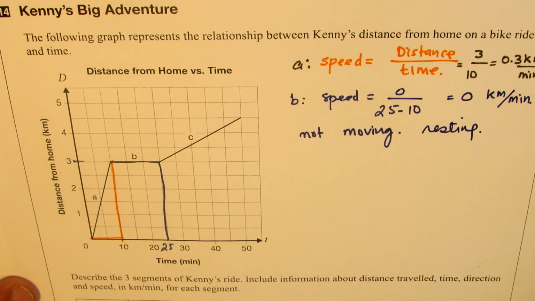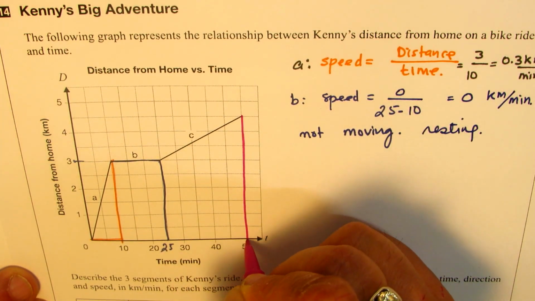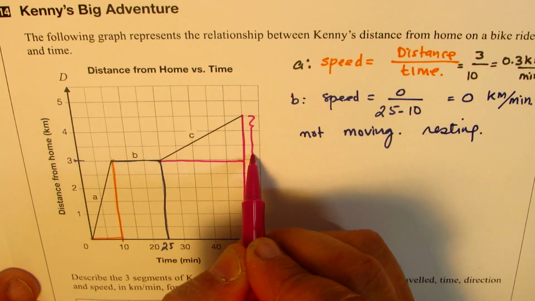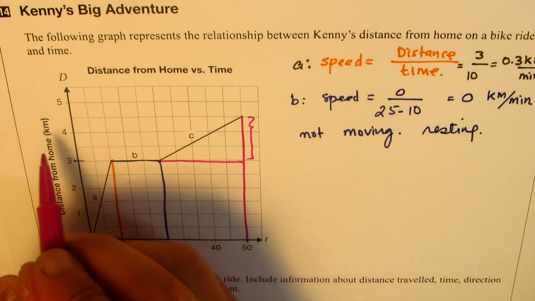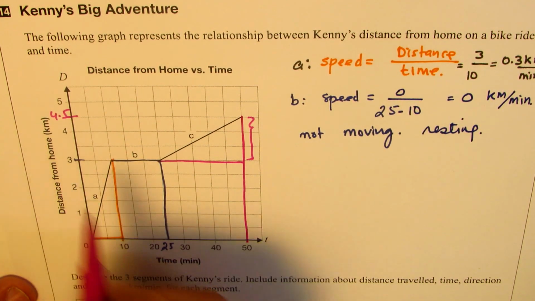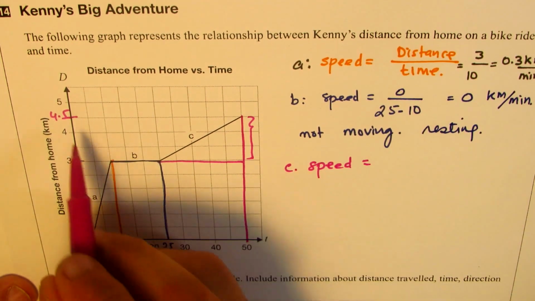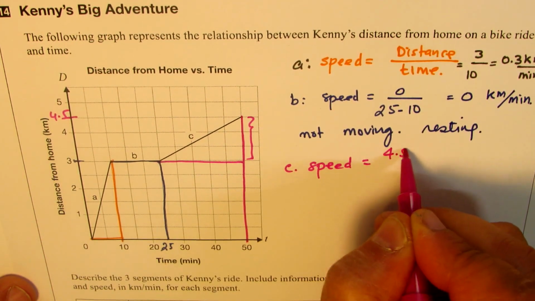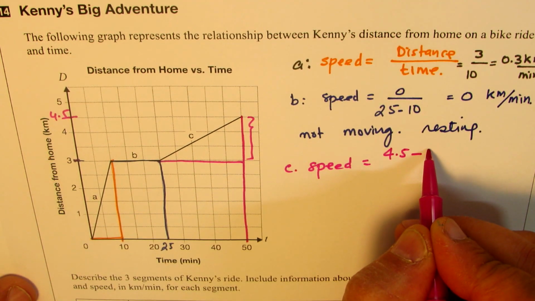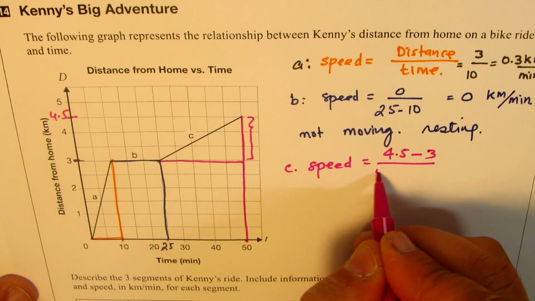Now let's look into the third part, which is C for us. And let's say this is our third part, right? Now here we can find the distance, which is 4.5, take away 3, right? So in this case, speed is equal to 4.5 take away 3, so that is the distance, difference between the y values, right, divided by 50 take away 25.